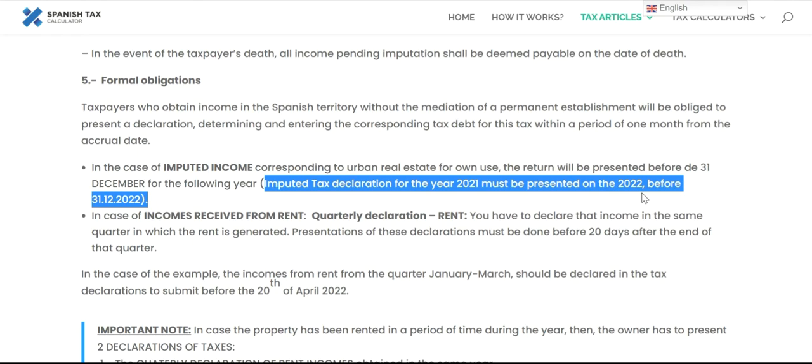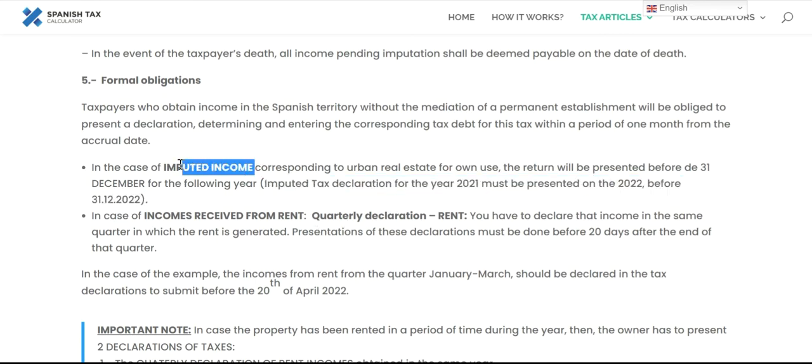So when you are renting, which is the case, you have to present, independently of the imputed income, which goes separately, the taxes on the rent obtained. You have to present the declarations of the incomes obtained by rent in the quarter, or immediately after the end of the quarter, of the period in which the property has been rented.